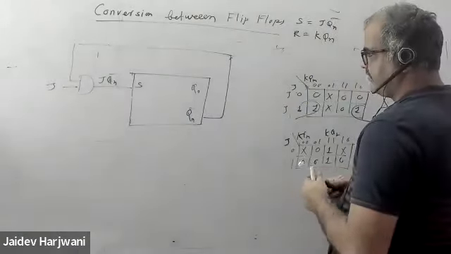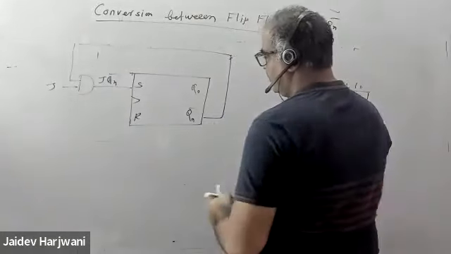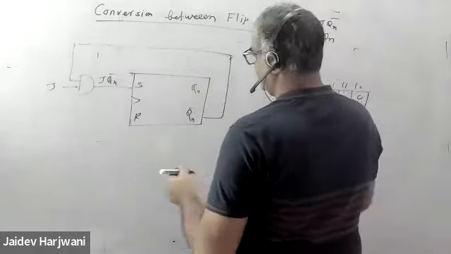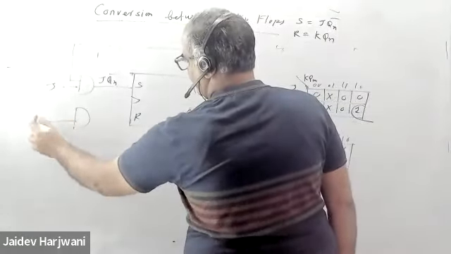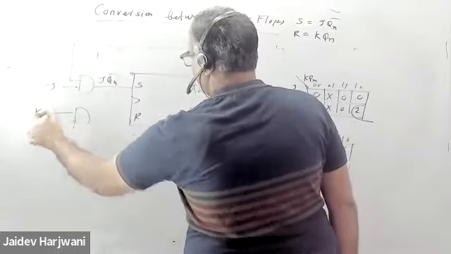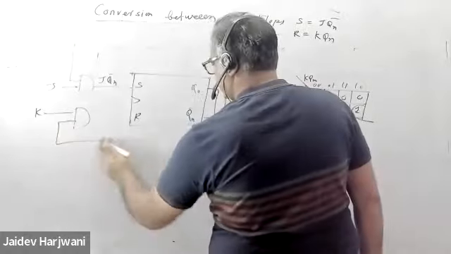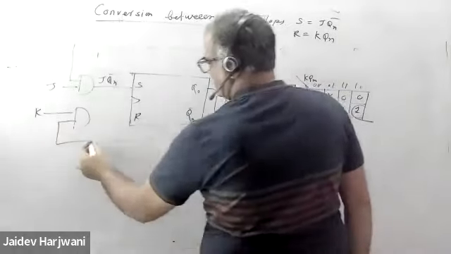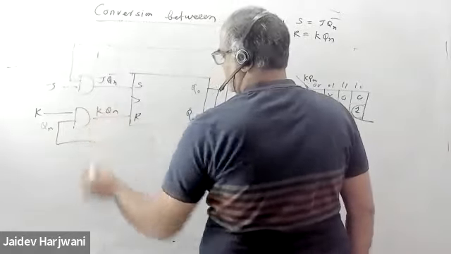Similarly for R. Of course, clock will be there somewhere. And R you want KQN. So you want again an AND gate. You want to give K and you want to give QN. So QN will come from here. Okay. So this is your KQN.